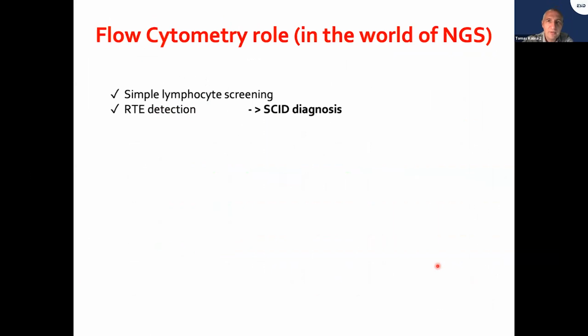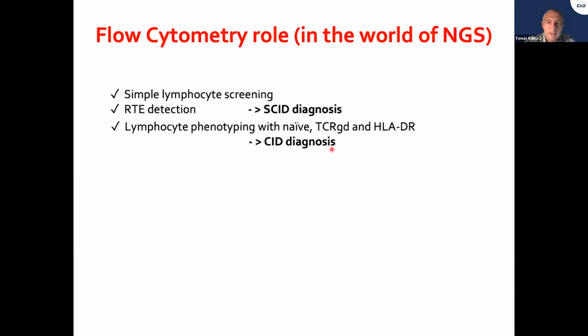So with that, I want to summarize that in the world of NGS, we still want to make a diagnosis by confirming the missing population in SCIDs, because transplantation is the next measure we will take with these patients. So we want to confirm this beyond any doubt.